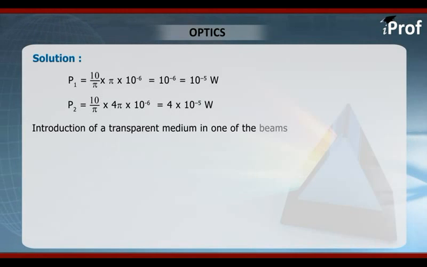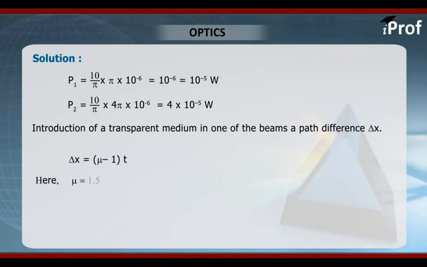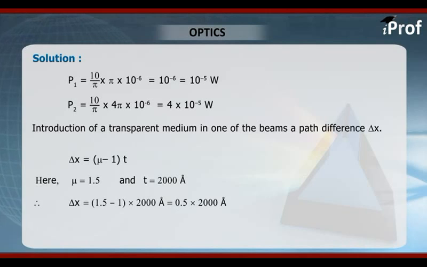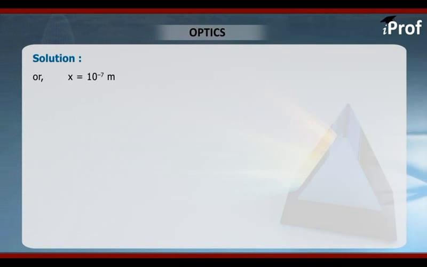Now when we introduce a thin transparent medium in one of the beams, a path difference is introduced. We have already taken up this situation with respect to YDSE, and we know that with the introduction of a thin transparent sheet, a path difference of delta x, that is (mu minus 1) t, is introduced. Now in this case mu is 1.5 and t is 2000 angstrom. So when we make the substitution, we get the value of the path difference, and it is 10 to the power minus 7 meter.